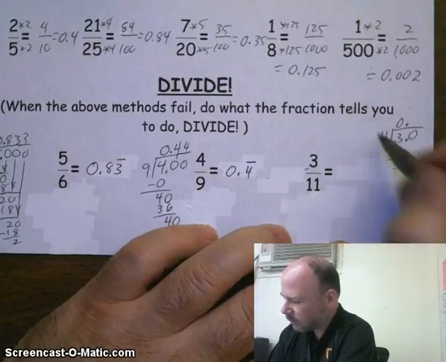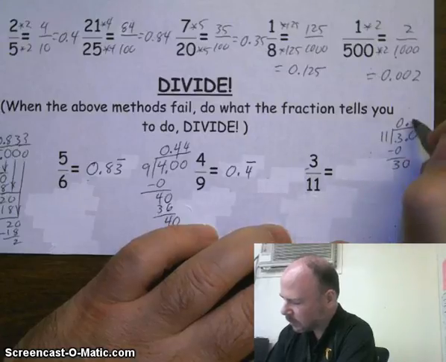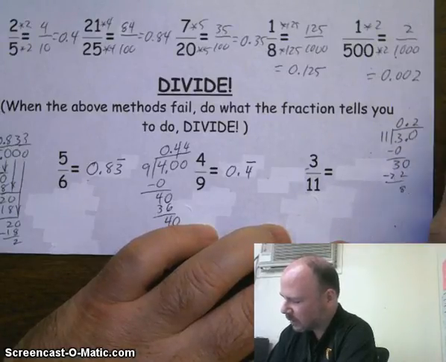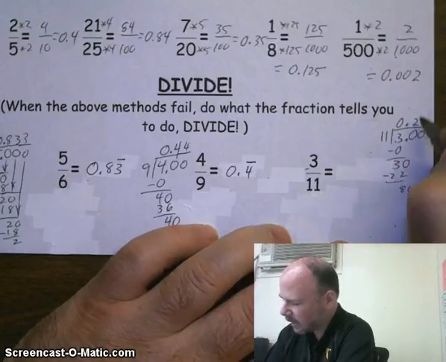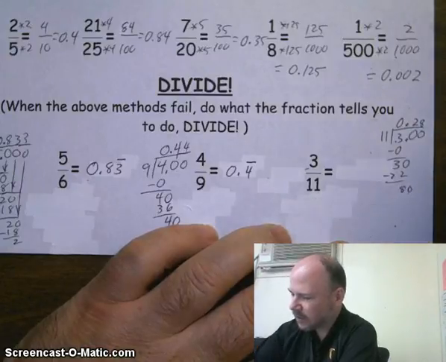And now 11 goes into 30 2 times. 2 times 11 is 22. When we subtract, we get 8. Add another 0. We get 80. 11 goes into 80, sorry, not 8 times.